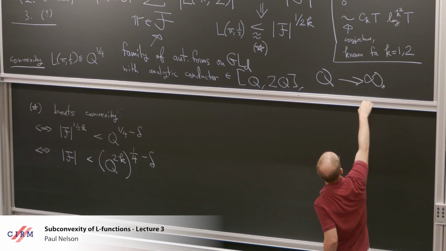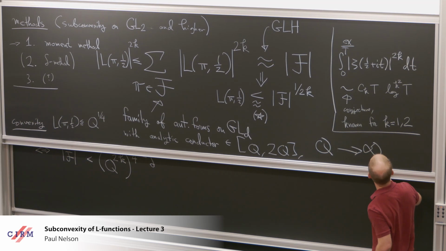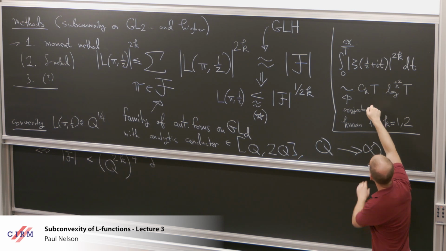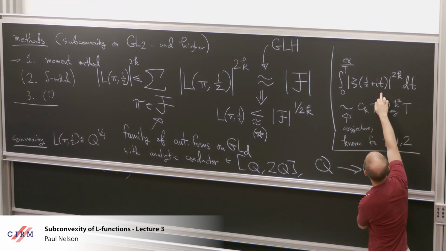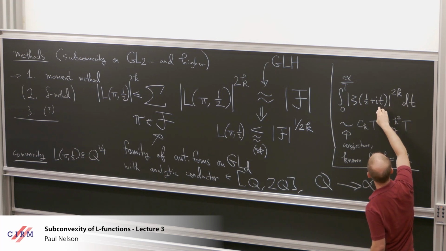So for instance, in this example that I highlighted here, you see that the family size is t, and the total conductor, well, typically, let's say for t near its largest value, it'll be capital T to the 2k.